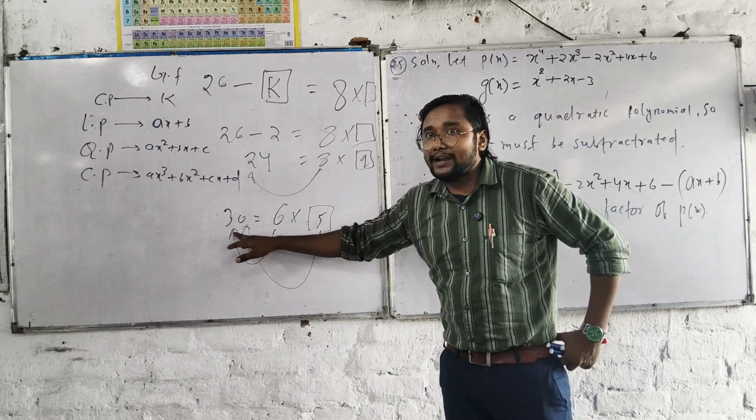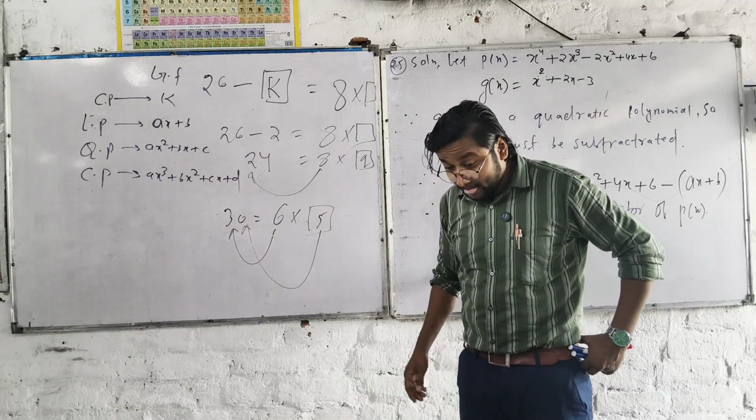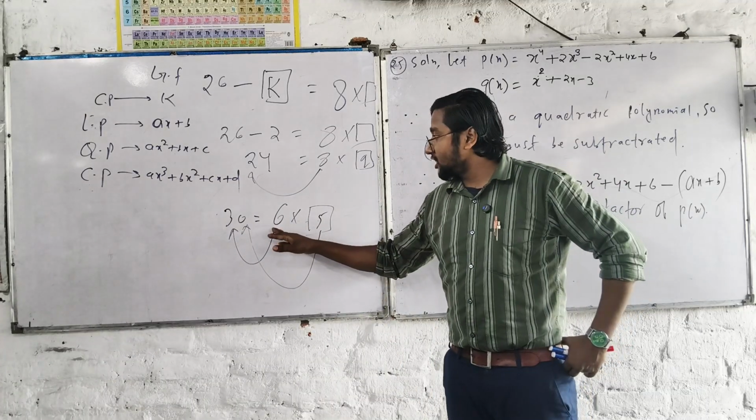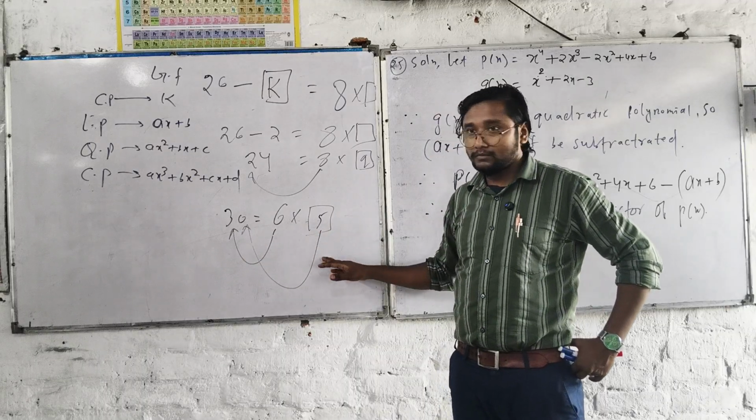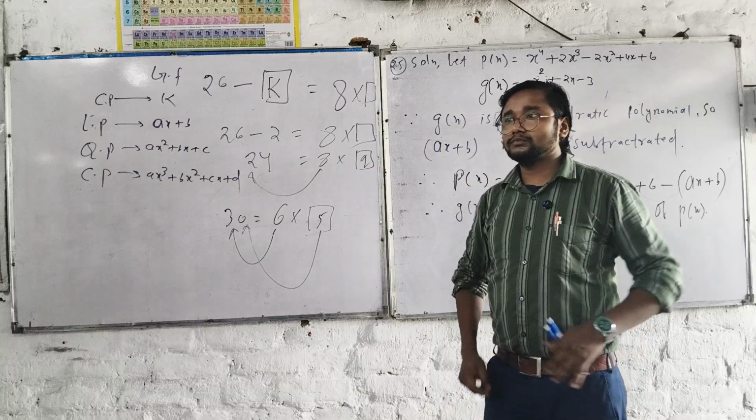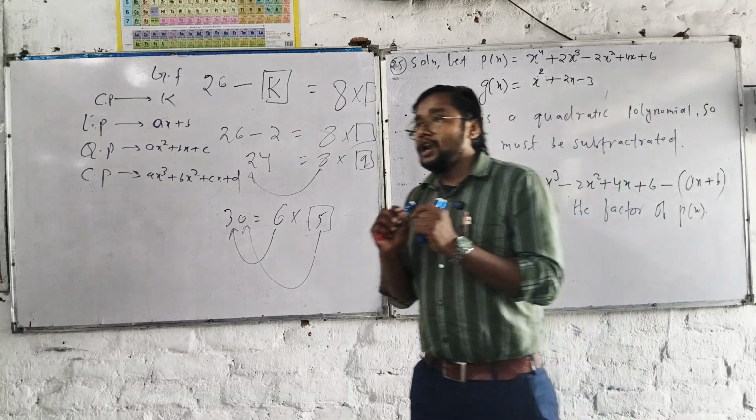So we can say that 30 is the factor of 6, 6 is the factor of 30, 5 is the factor of 30. One more time.